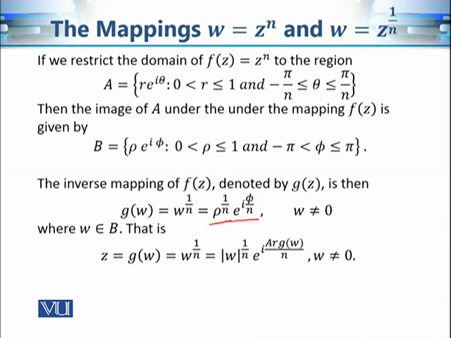This phi is the principal argument of the complex number omega. Just like we discussed in the case of n equal to 2, this phi is the principal argument, so the answer is going to be a unique complex number in this case.